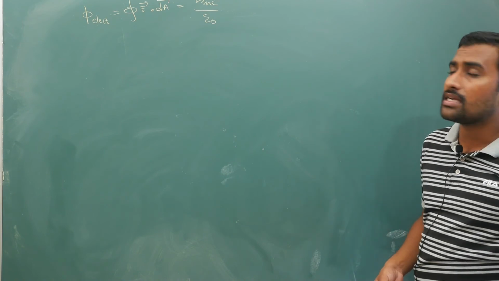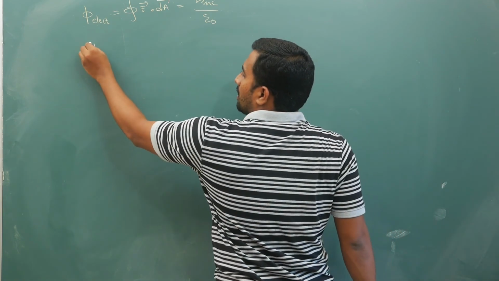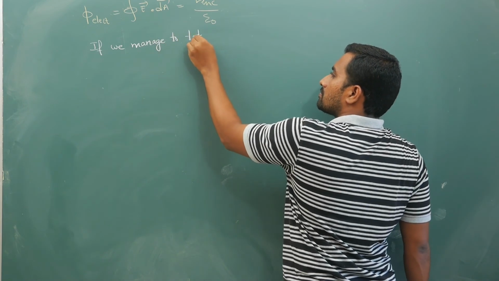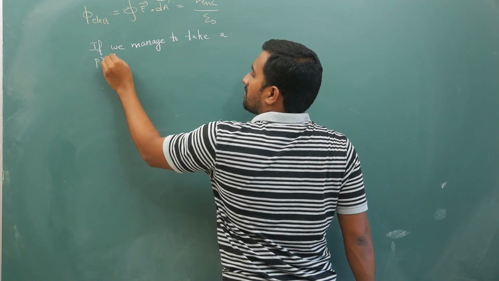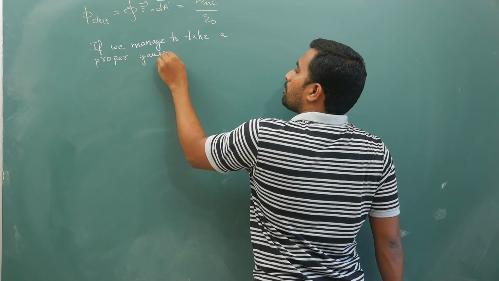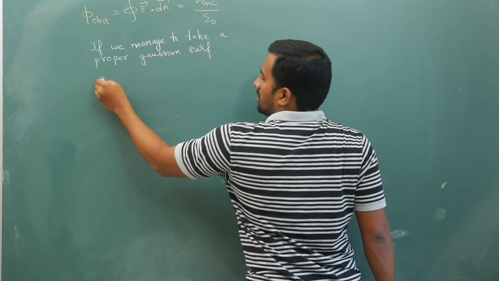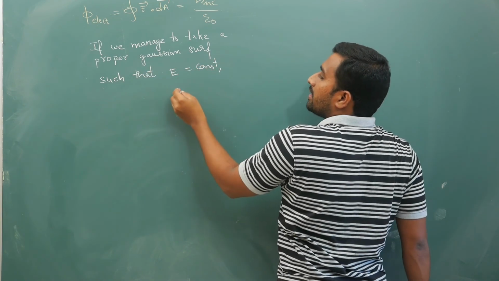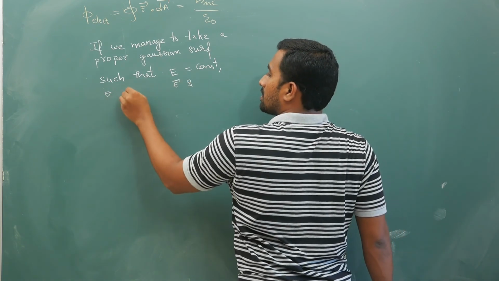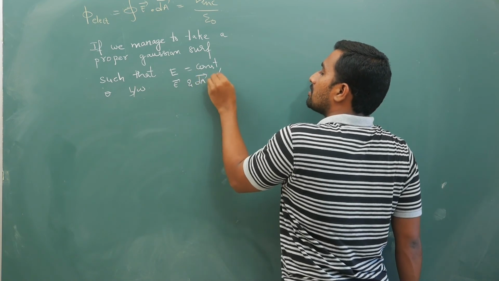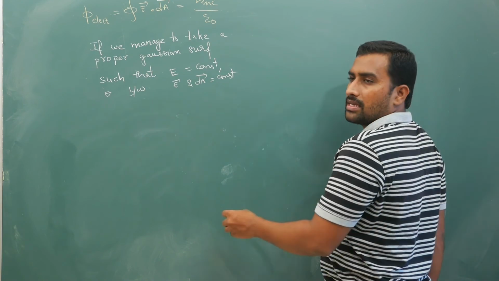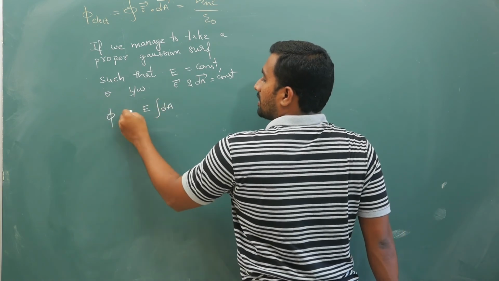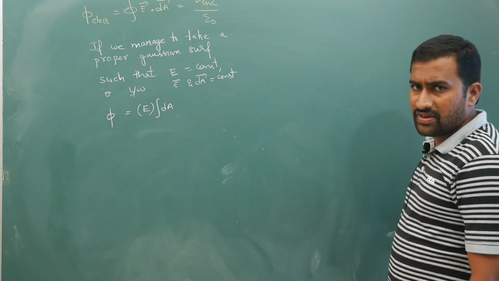Now in this statement, if you observe carefully, if we manage to take a proper Gaussian surface such that E bar is constant and the angle theta between E bar and dA bar is also constant, then the integral of E dA cos theta can be written as E times integral dA, because E is constant and we can take it out of the integral.